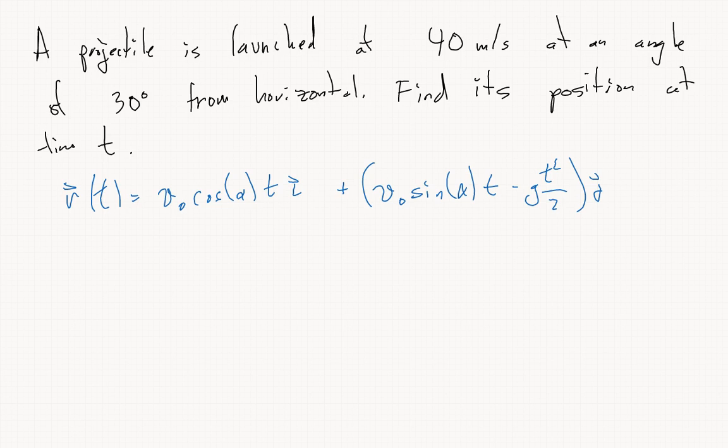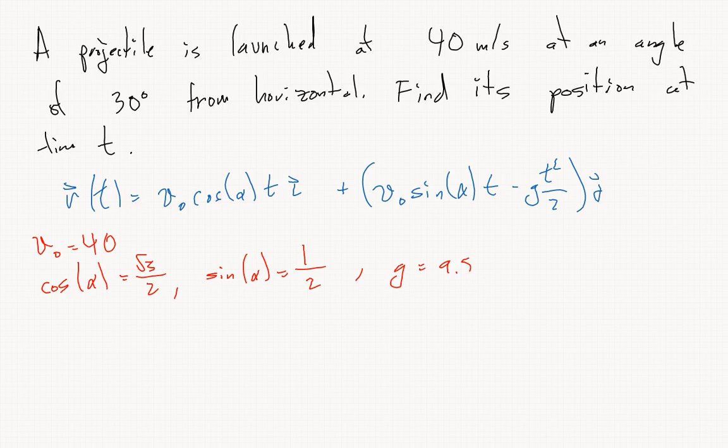And our variables are v0 is 40, alpha is 30 degrees, so cosine alpha will be root 3 over 2. Sine alpha is 1 over 2, and g is 9.8. Let's just say 9.8.